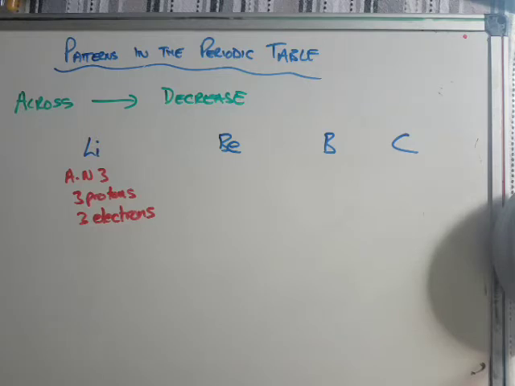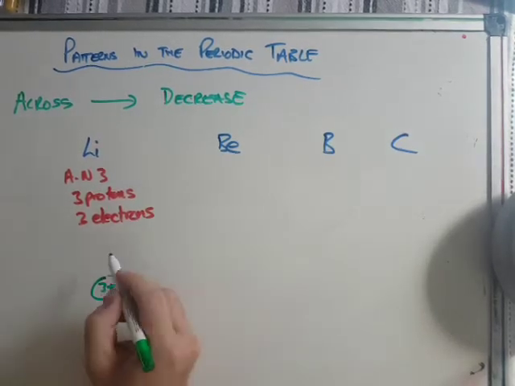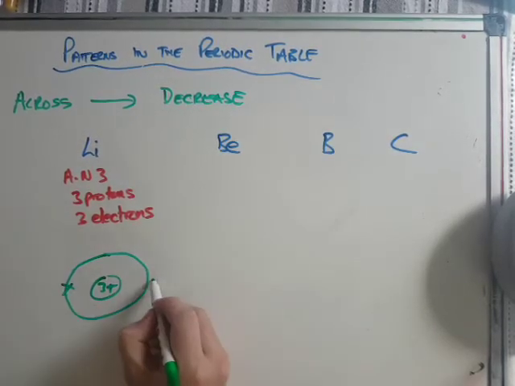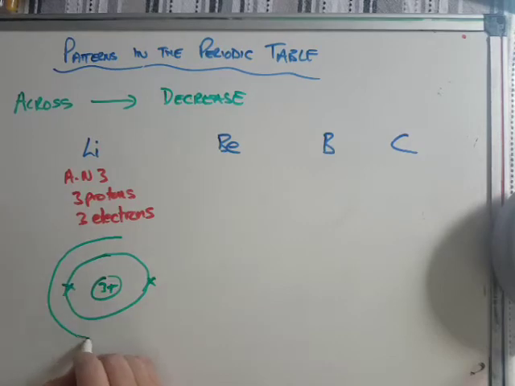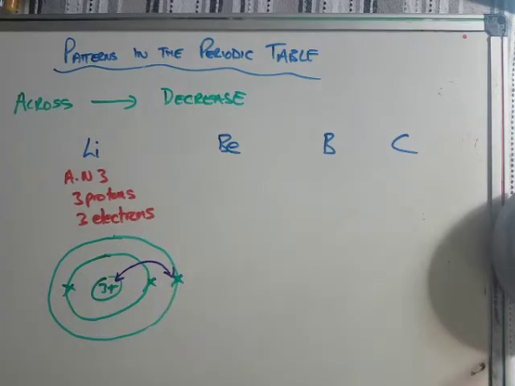So that means inside here we have got a 3+ charge. Your electron arrangement, those 3 electrons are going to be 2, 1. Okay, so that 3 positive charge is attracting that outer electron.